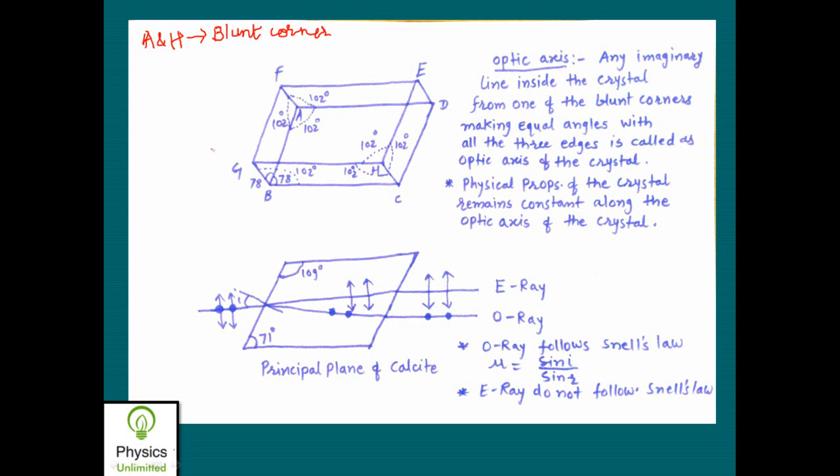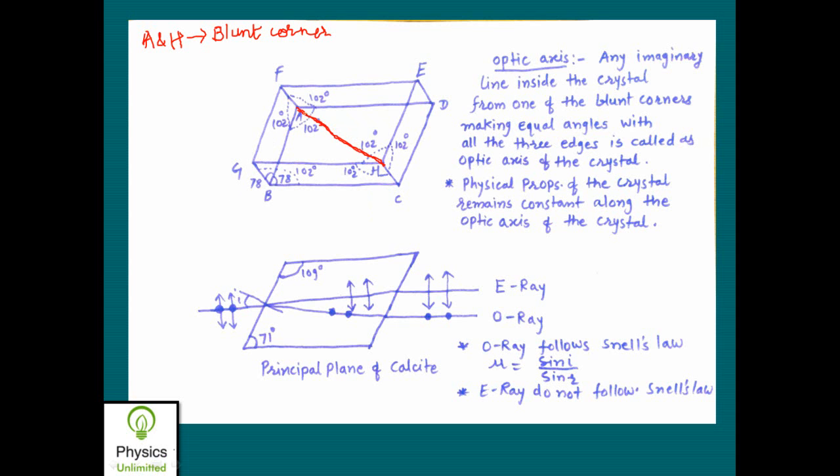Then we define the optic axis of the crystal. An optic axis is defined as an imaginary line drawn through the blunt corners of the crystal. There is no such line physically present inside the crystal. It is just an imaginary line, or just a direction drawn through the crystal.